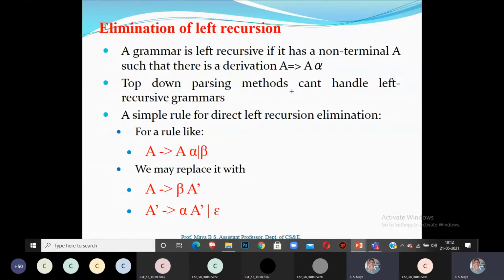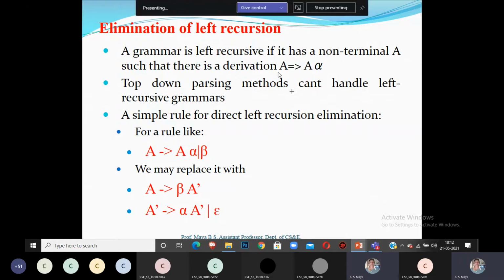A grammar is left recursive if it has a non-terminal A such that there is a derivation A derives A alpha. See, it looks like left recursion. Now A is the same non-terminal immediately after the arrow.